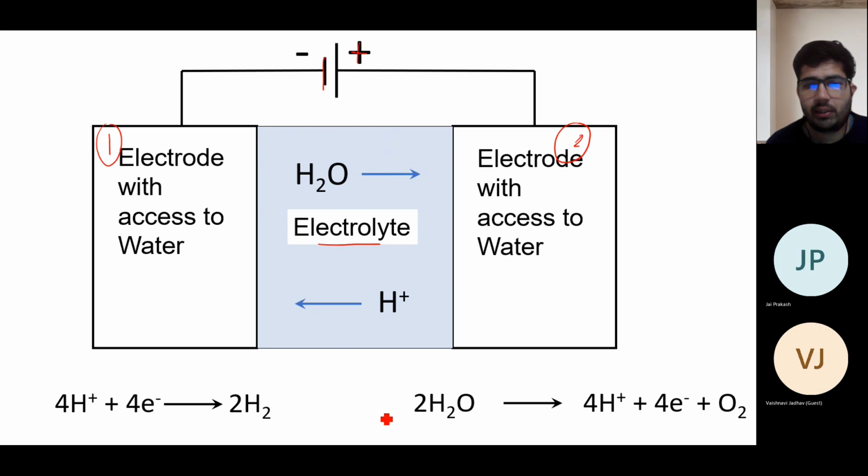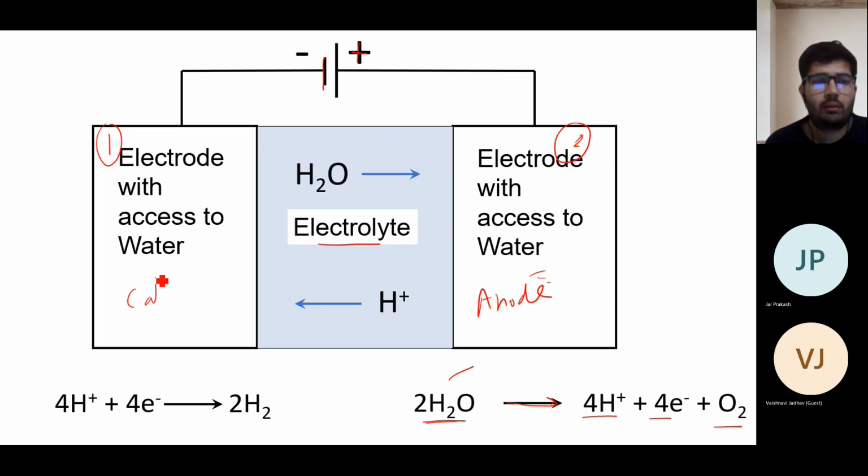Here you can see the reaction. At this electrode, if water is present, then H2O converts into 4H+ protons plus 4 electrons and releases oxygen. So oxidation is happening here; this is the anode.